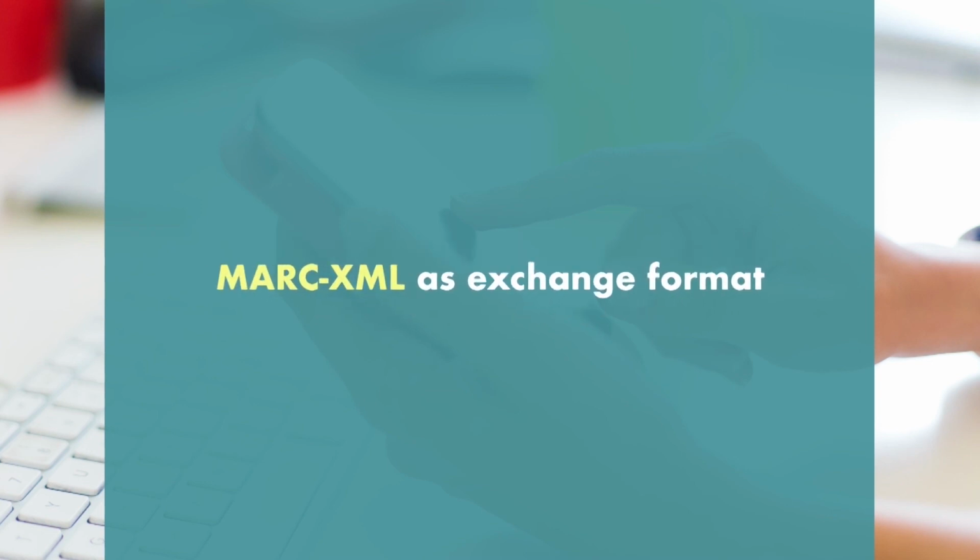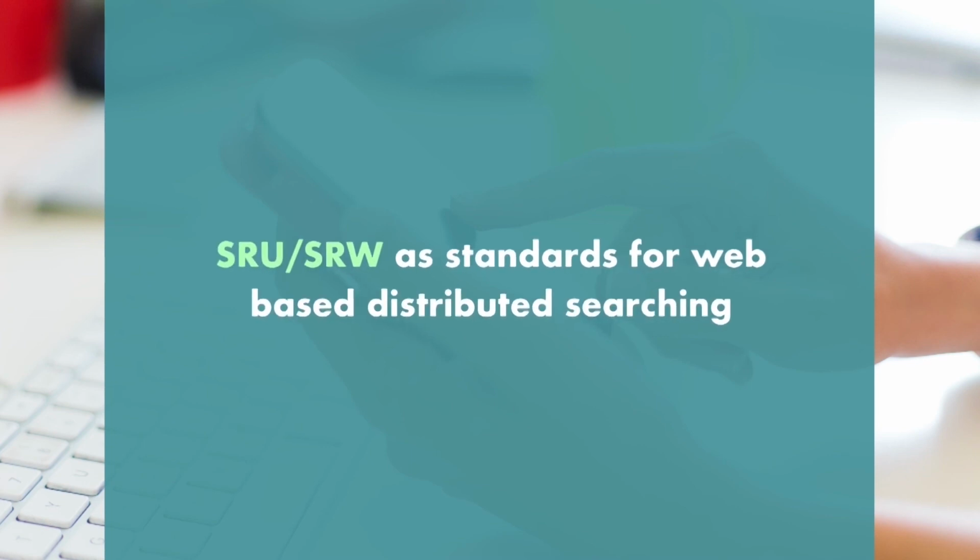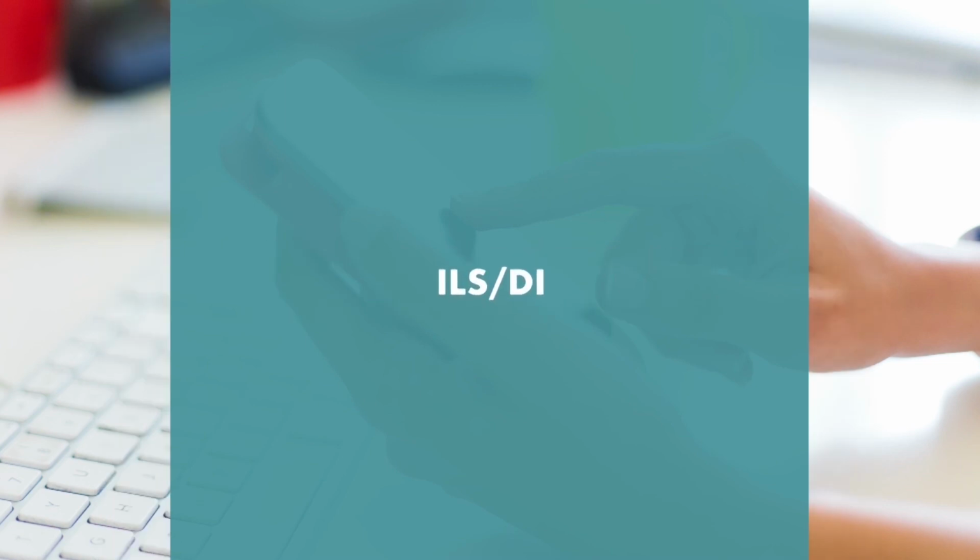MARC XML is coming in a big way in place of ISO 2709 as an exchange format. OAI-PMH as a metadata harvesting standard, SRU and SRW, again developed by the Library of Congress, as standards for web-based distributed searching. ILS-DI is nowadays considered a very important protocol, an open standard, which can make a bridge between an existing ILS and the front-end discovery interface.